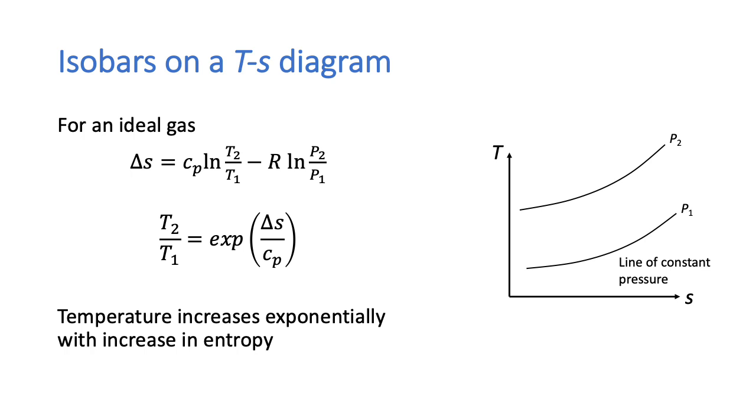And we can see that as the pressure increases, the temperature increases. Therefore, the isobars will be a series of curves which look like this, and we can see that as the pressure increases, the lines will be higher and higher.